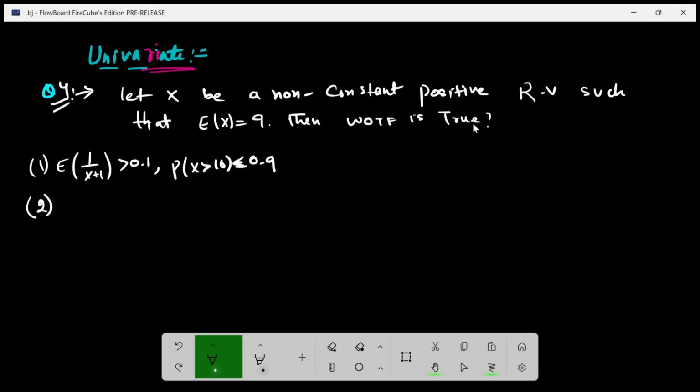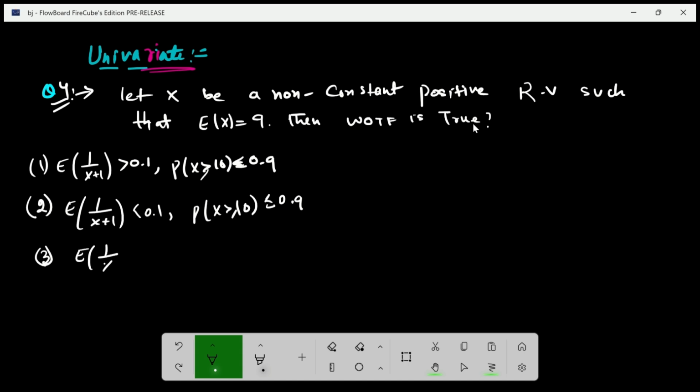Option 2: expectation of 1/(x plus 1) less than 0.1, probability x greater or equal to 10 is less or equal to 0.9.